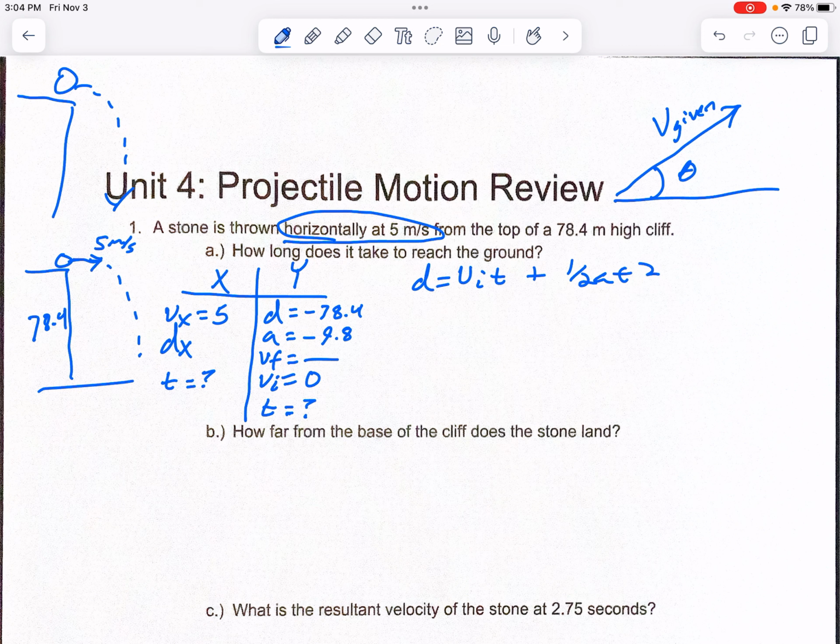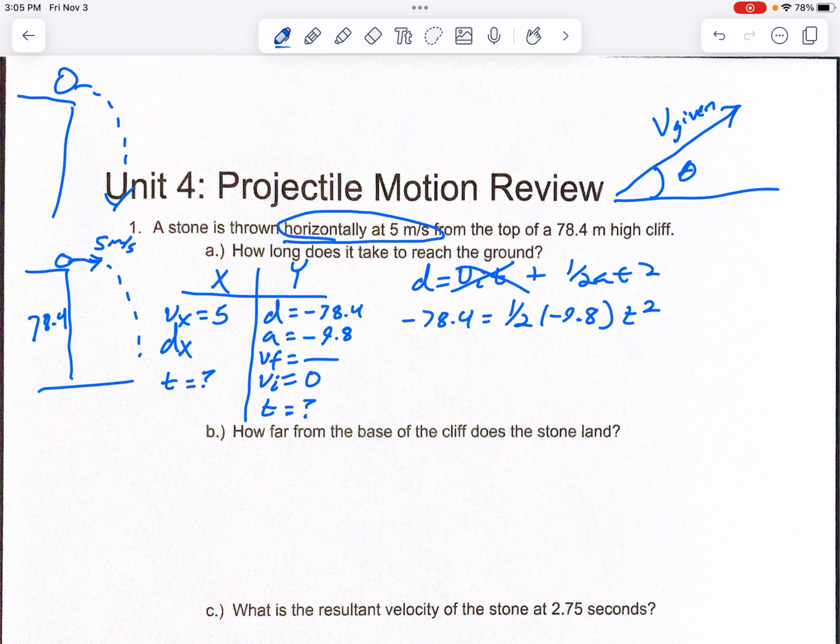Since VI is 0, this whole term goes away. Please do not keep that T, because 0 times T is 0. Now we can plug in: negative 78.4 equals 1/2 times negative 9.8 times T squared.